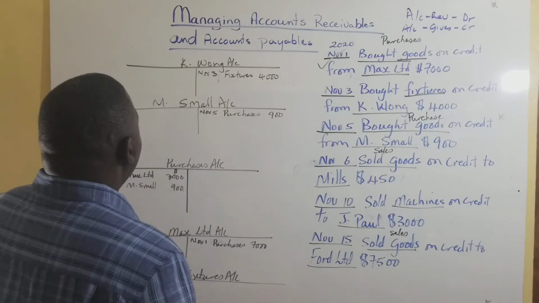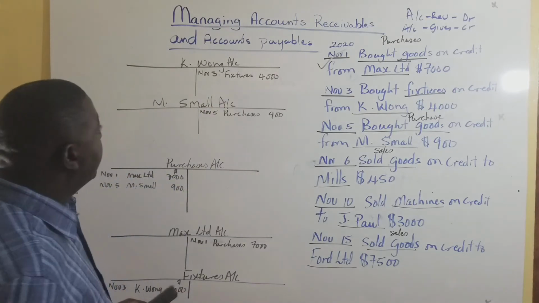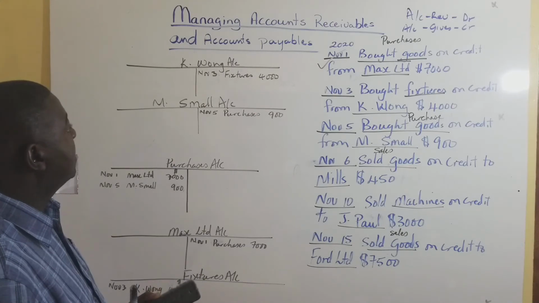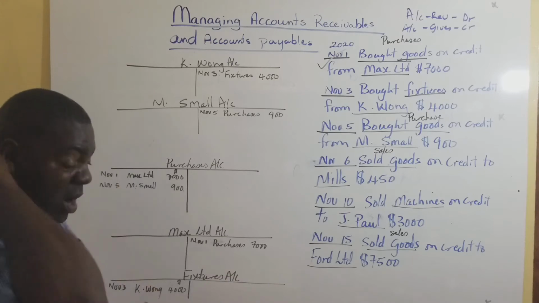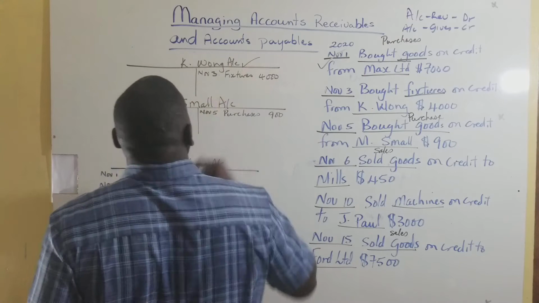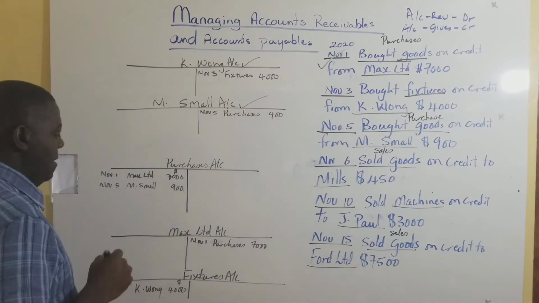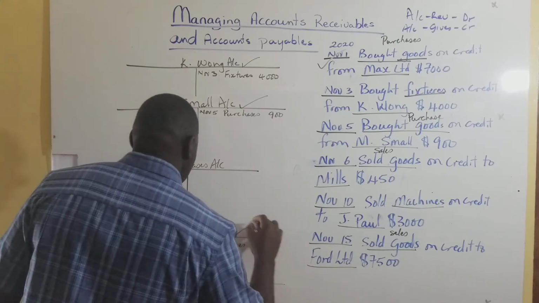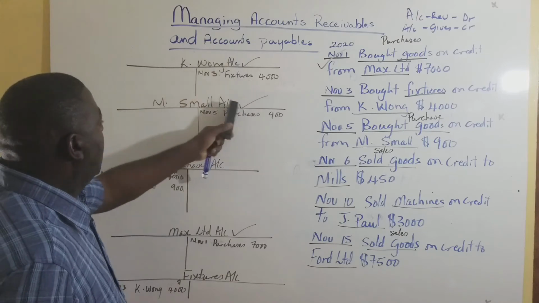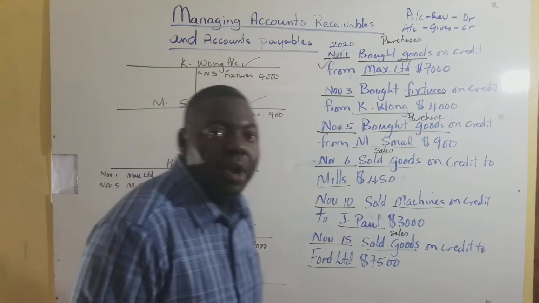So, ladies and gentlemen, boys and girls, we would have recorded the transactions in the double entry for the accounts payable. Now, who are the creditors that we have here? 1, K Wong, 2, M Small, and 3, Max Limited. These 3 businesses and persons would have been our creditors.